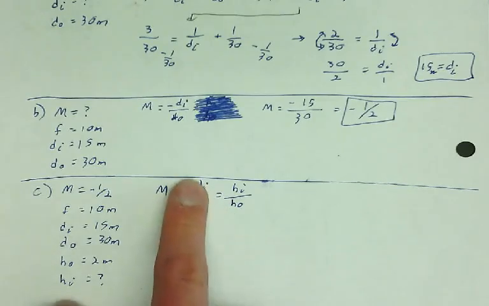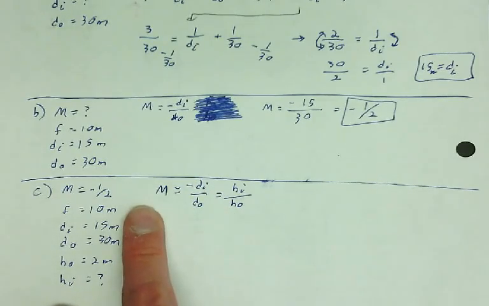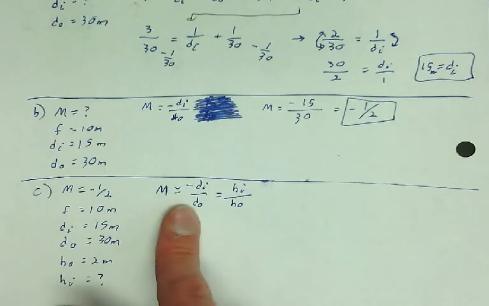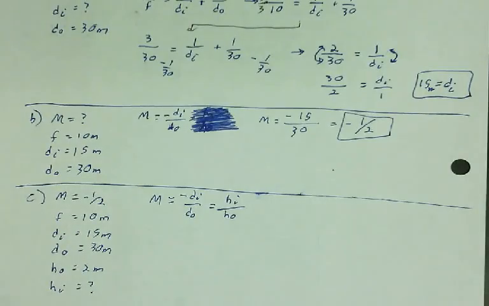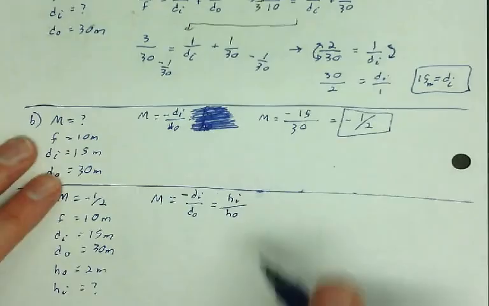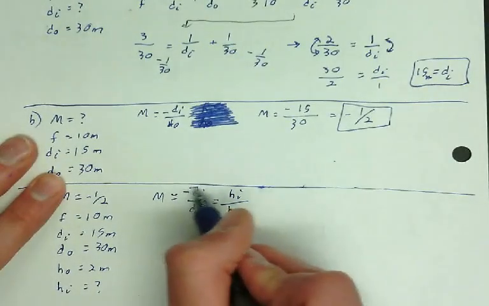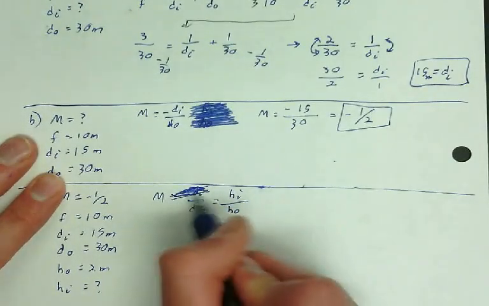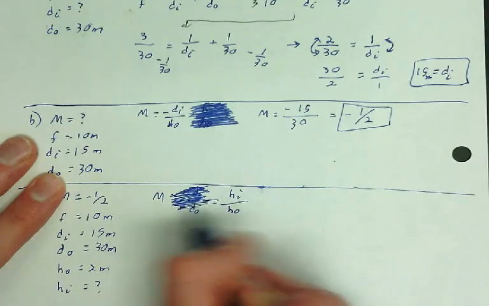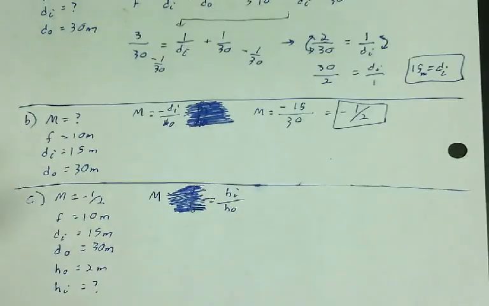However, I know di, and I know do, and I know m. So I can use any of the other two that I want to. I find m to be easier because it's one number instead of two. So I'm going to cross out the di, do. And there's the equation, m equals hi over ho.